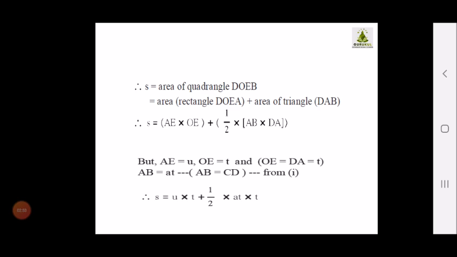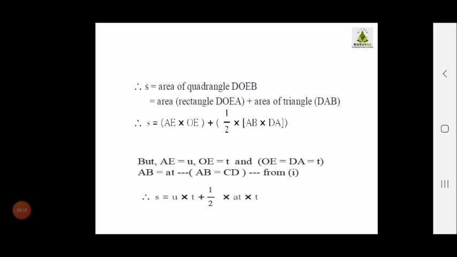But we know that AE is equal to U, OE is equal to T, and DA is equal to T. Therefore, AB is equal to AT, and AB is equal to CD from the equation that you have already proved. Now only the substitution part is there.